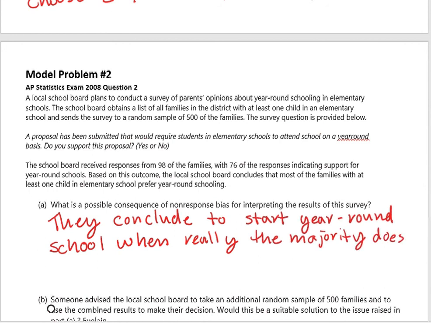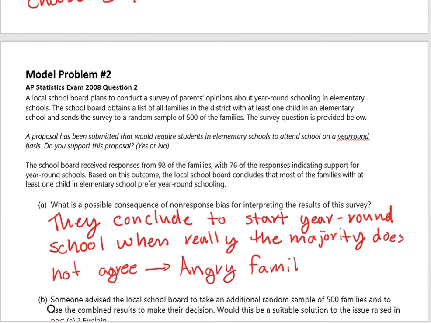The problem with that is you'd probably have some really angry parents. So that's one of the downfalls of non-response bias.